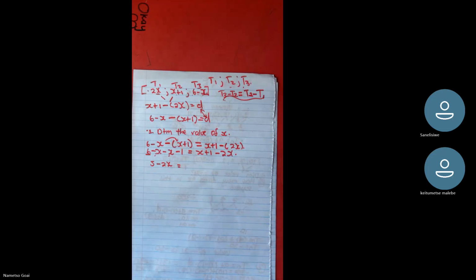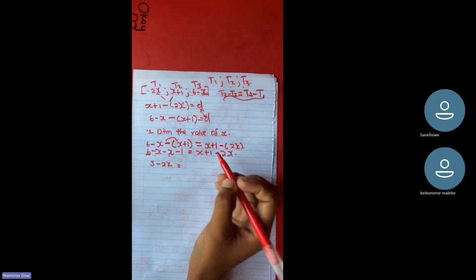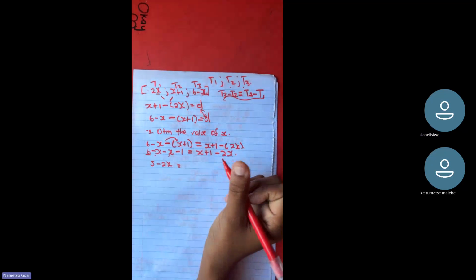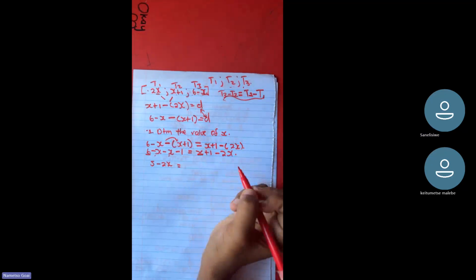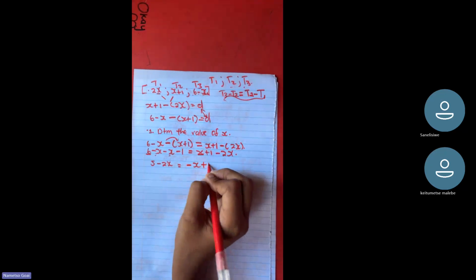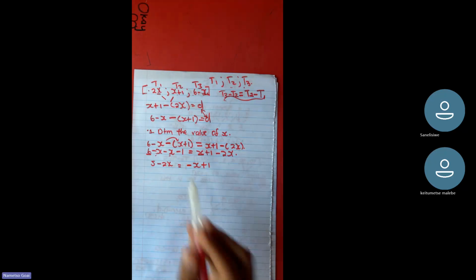Yeah. Okay. Then here, on the other side, if we group the like terms, we have x minus 2x, which gives us minus x, plus 1 minus 2, which is negative 1.